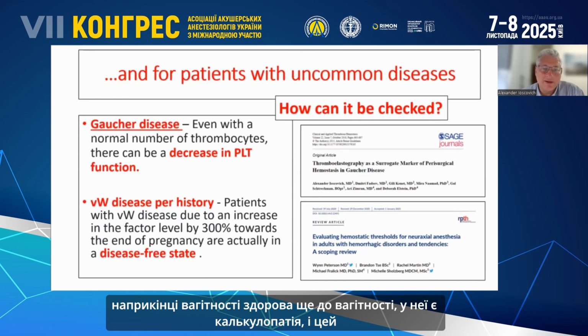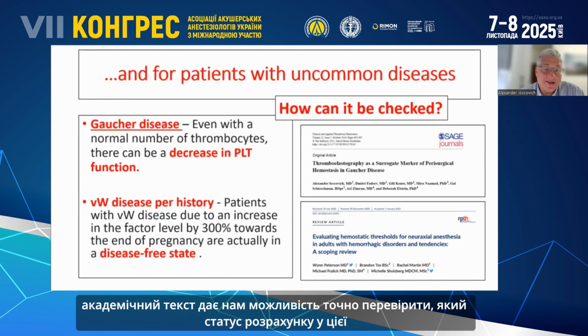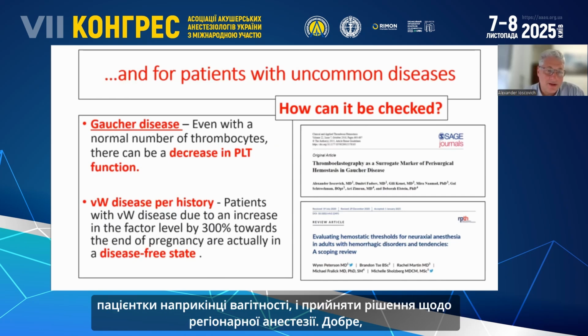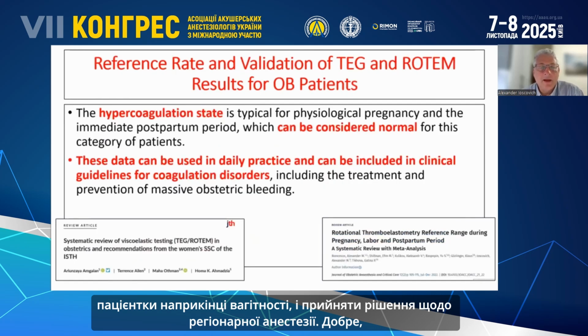Even though before the pregnancy, they have a coagulopathy. And viscoelastic tests give us the option to check exactly what the coagulation status of this patient is at the end of pregnancy, and to make a decision about regional anesthesia.